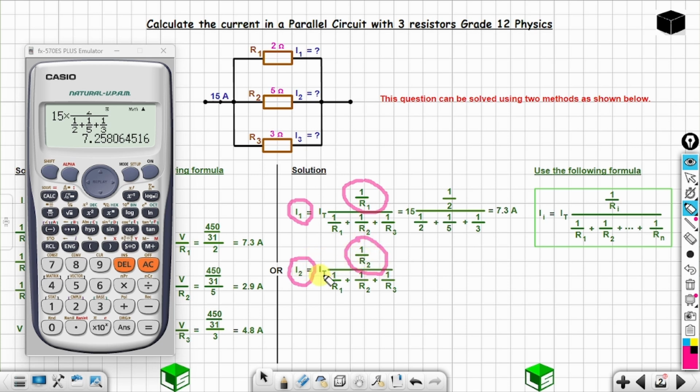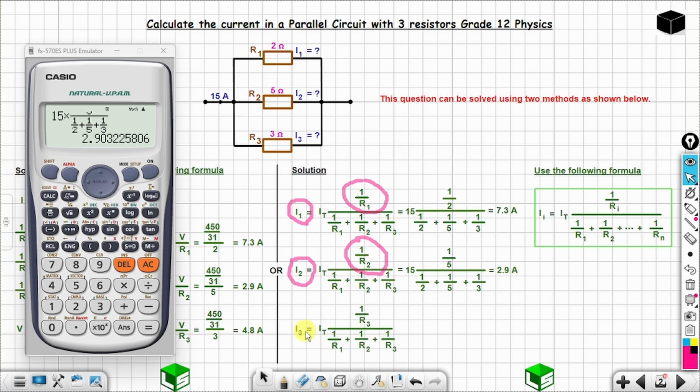So this is equal to the total current 15 times 1 over R2, which is 1 over 5, over the same thing. You are going to have 2.9 amperes.